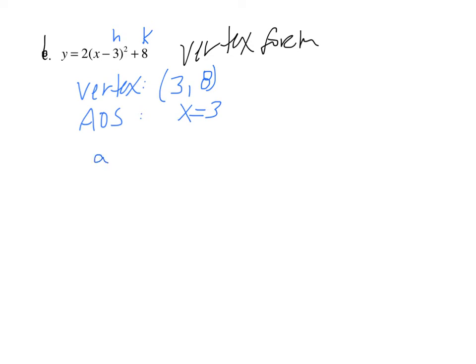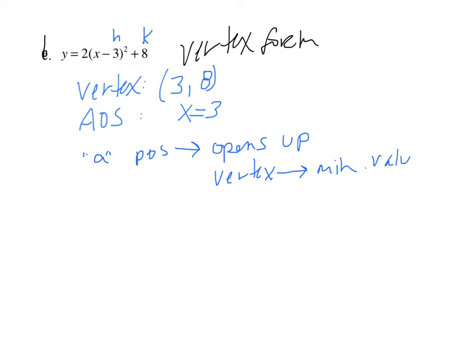And because the a is positive, the parabola opens up, and the vertex is at the bottom of the graph, which means the vertex is the minimum value in the entire graph. Again, because a is greater than 1, because it's a value of 2, this parabola is going to be skinnier than the parent function.